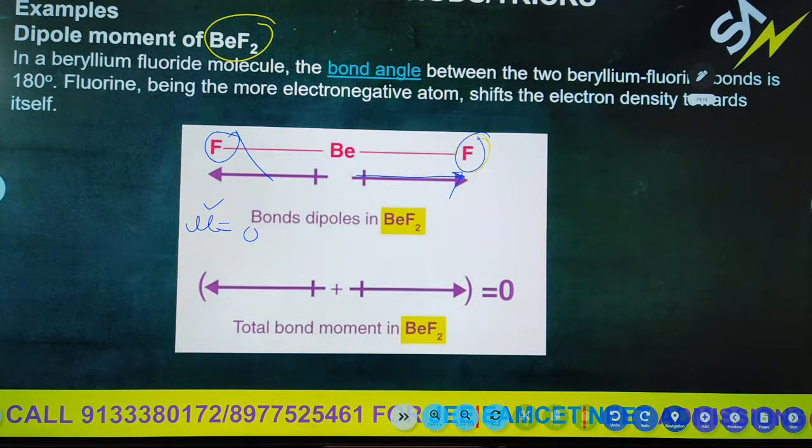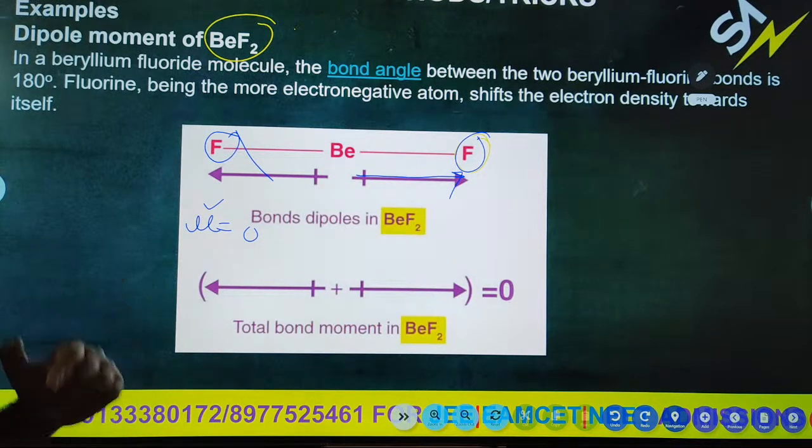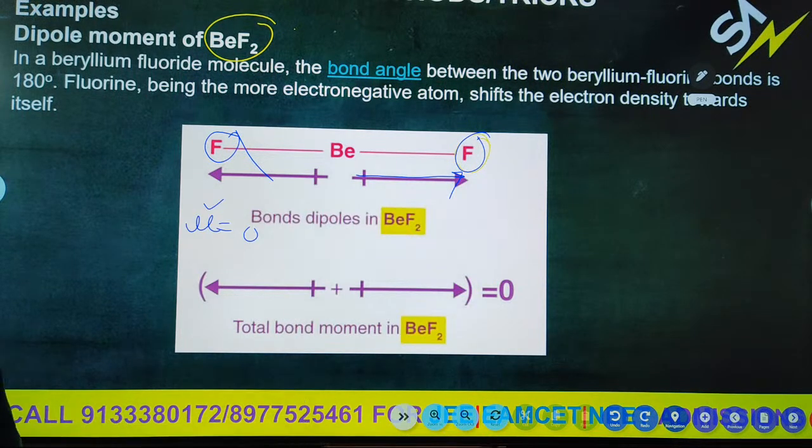So from this molecule we concluded: first, the dipole moment directions point from the central atom towards the end atoms like fluorine, so the dipole moment is 0. Second, due to symmetry, its dipole moment becomes 0. So we explained the dipole moment of beryllium fluoride in two ways.